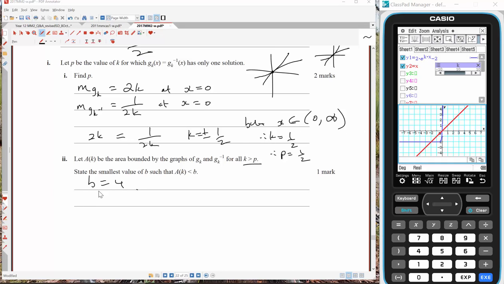Now we'll go less than 4, okay, but we want the smallest value b can be, right? Because as we approach that value of k, the area is going to get smaller, but we want to complete this statement. So we want to say that the area is less than a particular value, and we want the smallest value of b such that this can be true. So as k approaches infinity, the area has got to be less than 4.